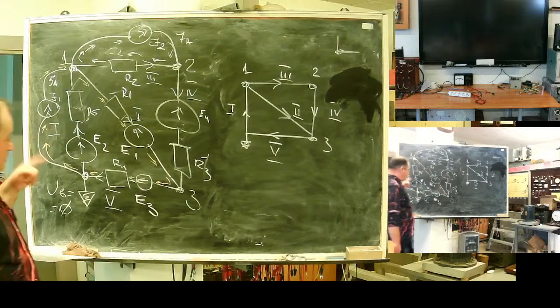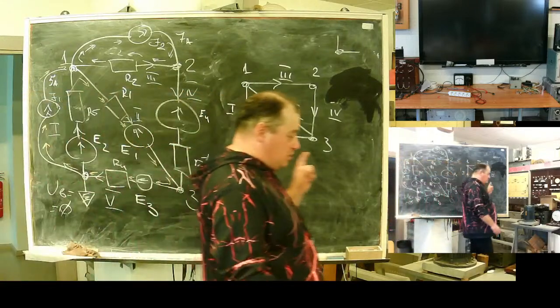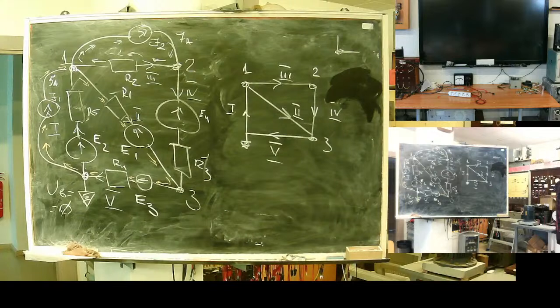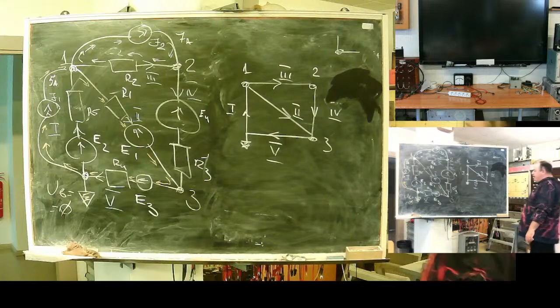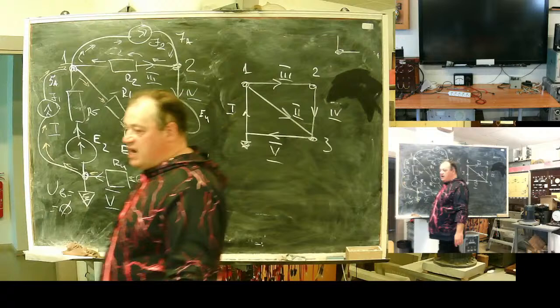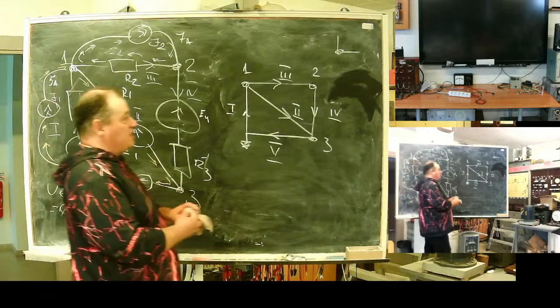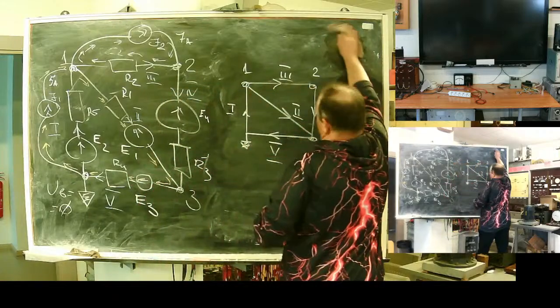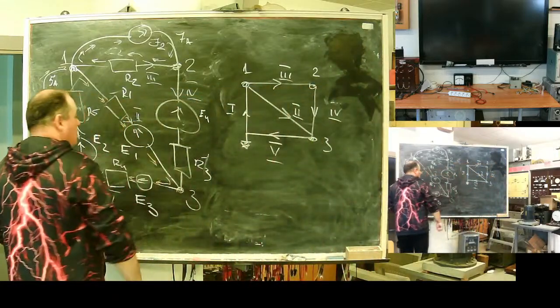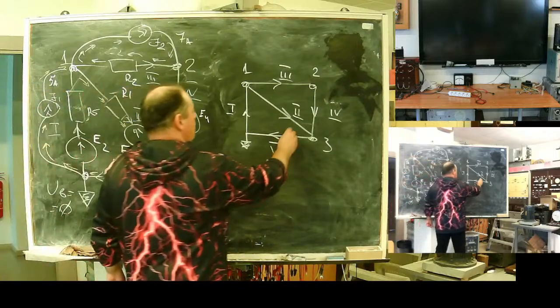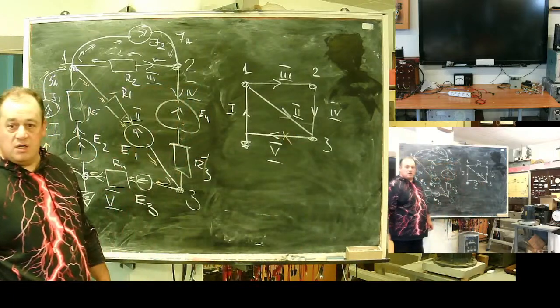Why am I starting to talk about connected graphs? There is an idea called graph tree. A graph tree is a minimal set of branches to maintain a graph connected. For my case, if, for example, I discontinue this branch, it is still connected.